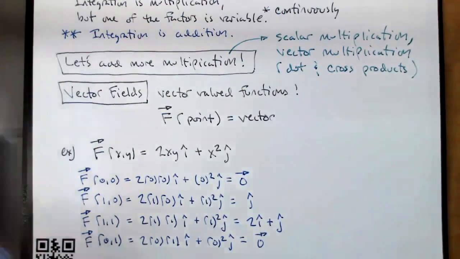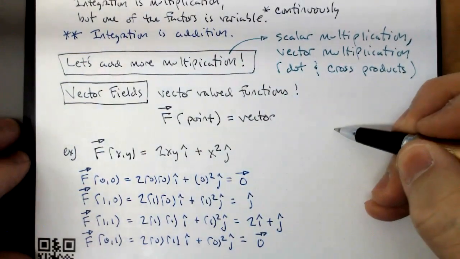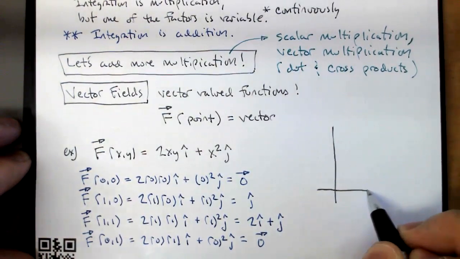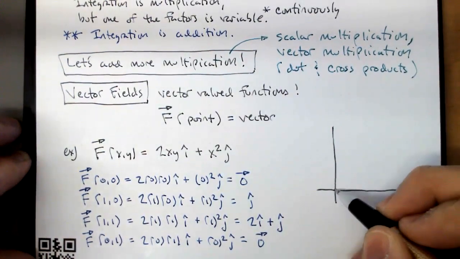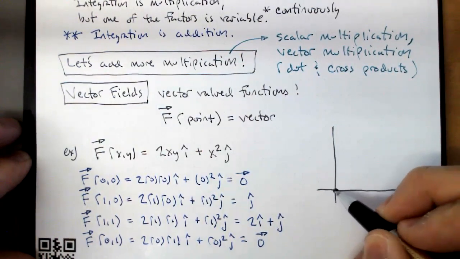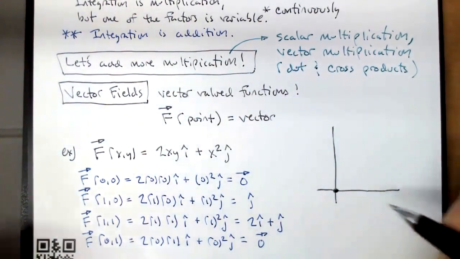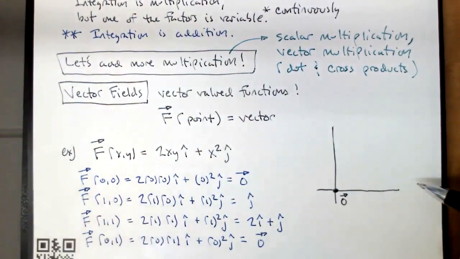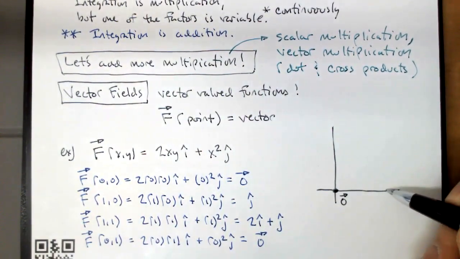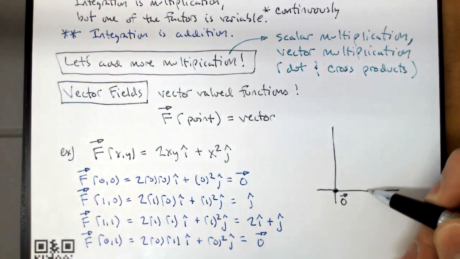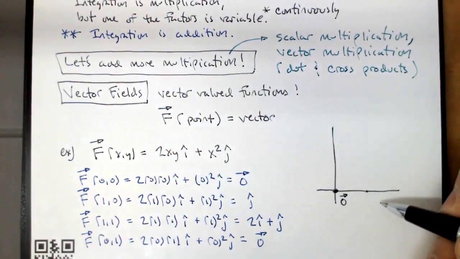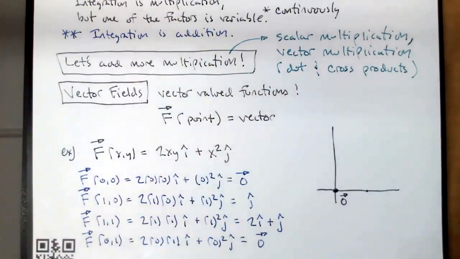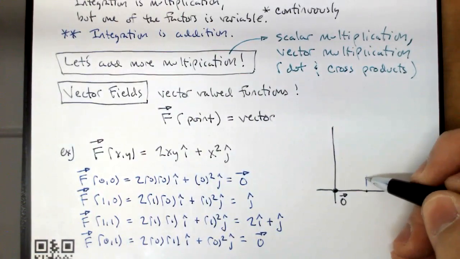So at the point 0, 0, we just have the 0 vector. At the point 1, 0, we have the vector j. So 0i plus 1j.